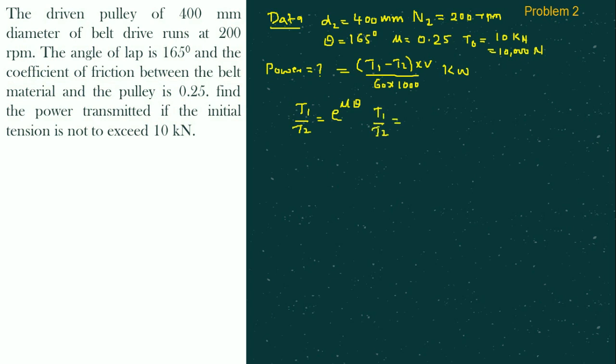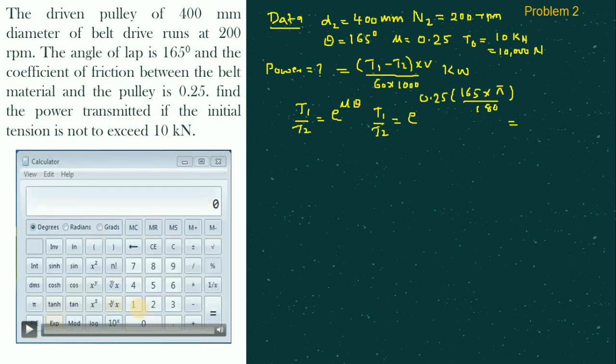So that is T1 by T2 is equal to e raised to 0.25. Again we have to convert this 165 into pi, so divided by 180 degree.